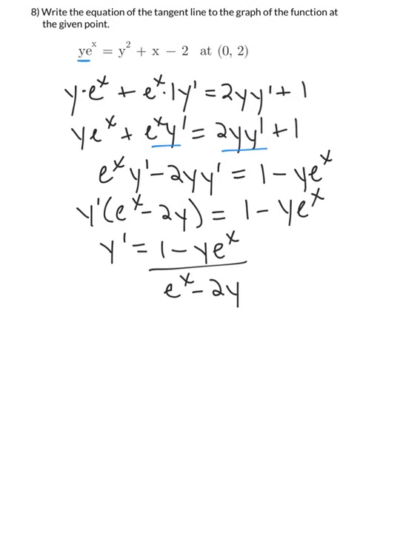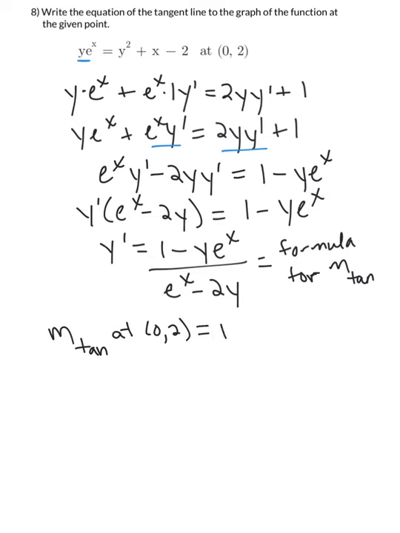And remember that the derivative is the formula for slope of the tangent. So we need to put the point 0, 2 into our derivative.